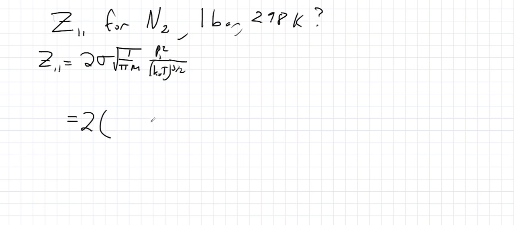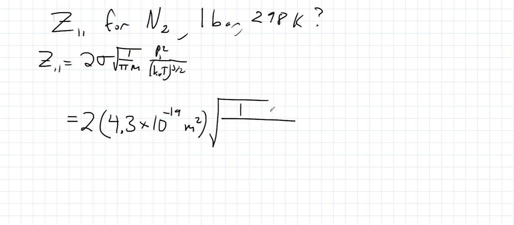we've got 2 times the collision cross-section, which we can look up for nitrogen-nitrogen collisions in your book, and we'll see that it's 4.3 times 10 to the negative 19th meters squared. We can do the mass of a nitrogen molecule. Probably the easiest thing to do is we've got 28 AMU for a nitrogen molecule, and then multiply the mass of an AMU, 1.67 times 10 to the negative 27 kilograms.